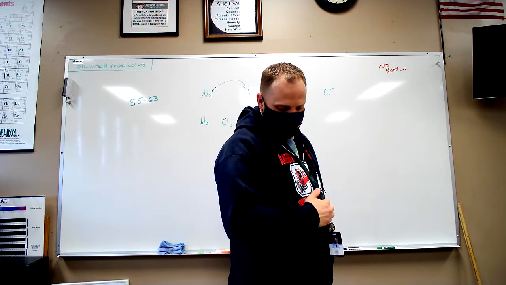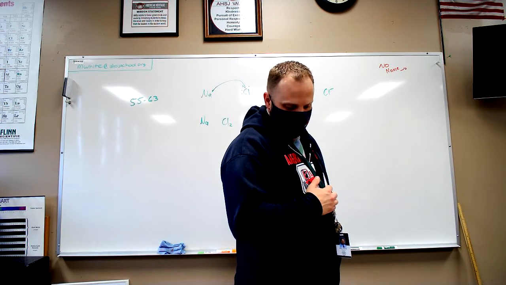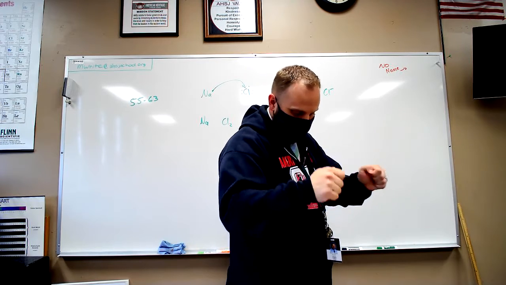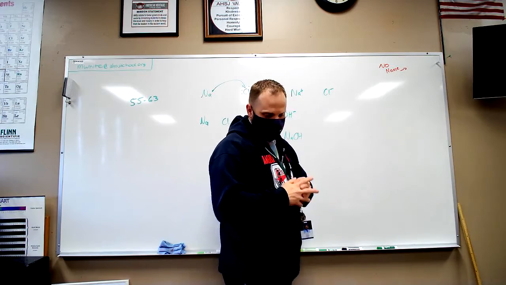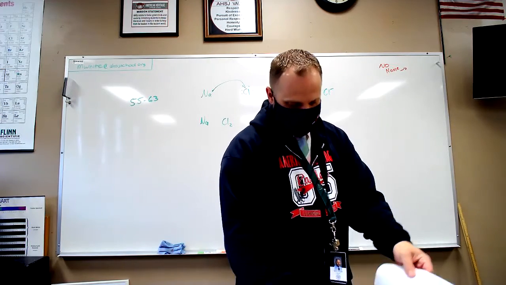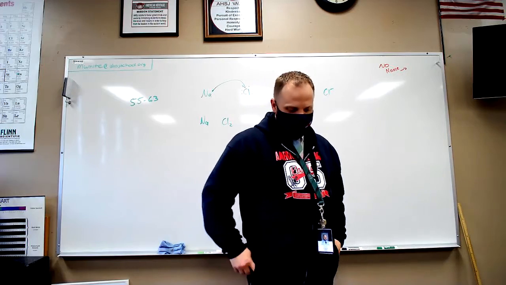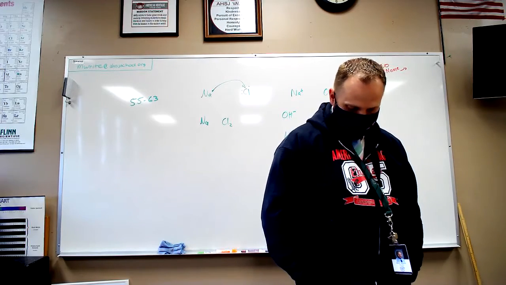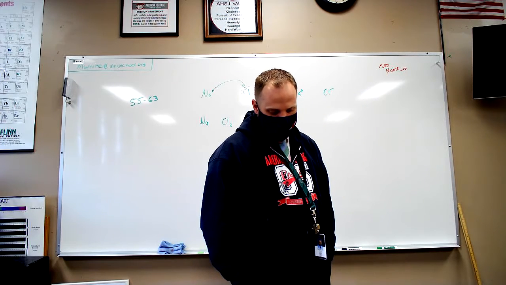Then we're going to move on to a sodium chloride solution with phenolphthalein. We're going to do the same thing. We're going to put in our electrodes and record our observations in the table. The table is right here. And after that, we are going to do a copper bromide solution, do the electrolysis and make our observations.